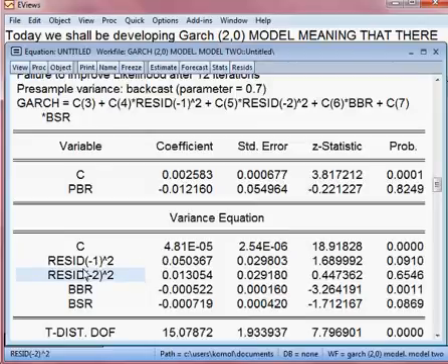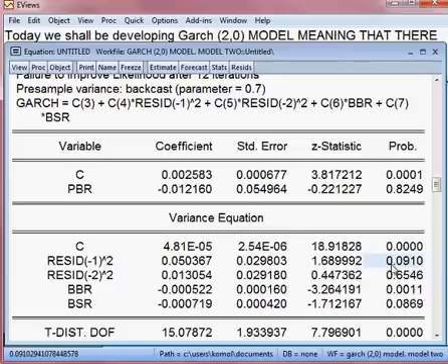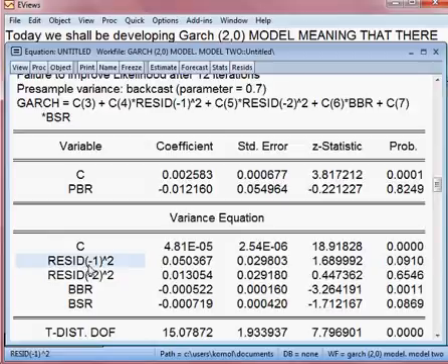Okay, first we talk about the residual, this one, that is ARCH 1. Is it significant? No, because the p-value is 9.10%, so it is not significant. What is called ARCH?